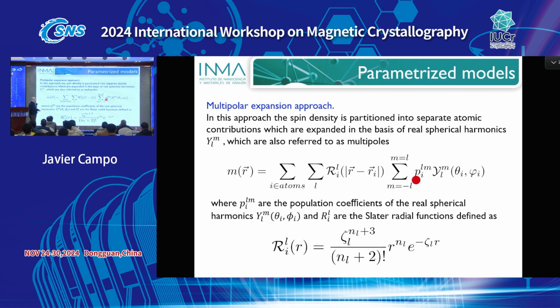This is a base, and then you can every time decompose this in the harmonics. And then, again, in FullProf, you can play with this multipolar expansion approach, and the fitting parameters will be these populations, and also the exponents, some exponents here that tell you the contraction of the orbital.